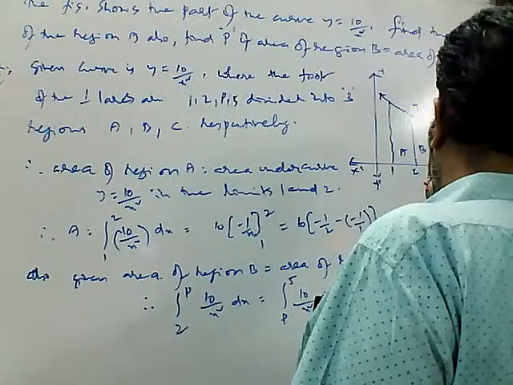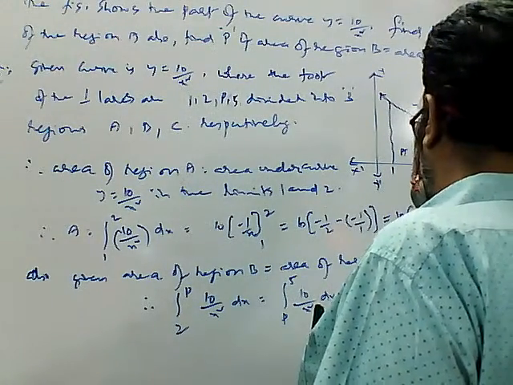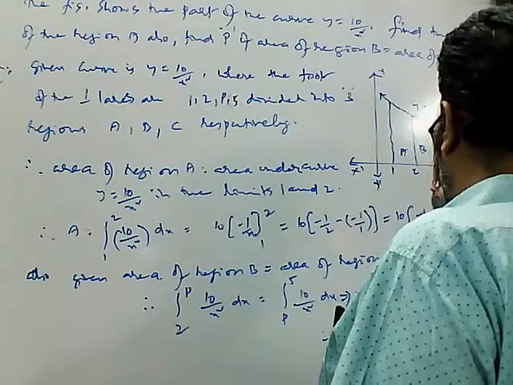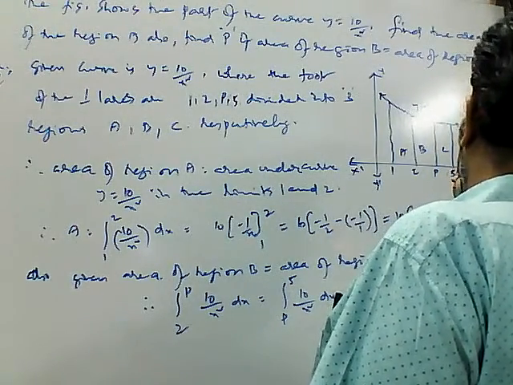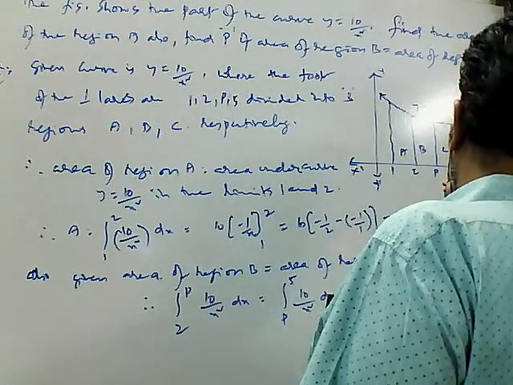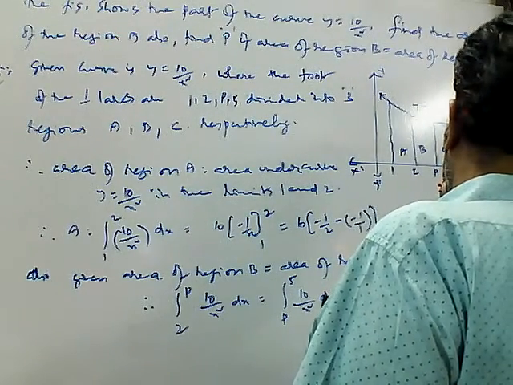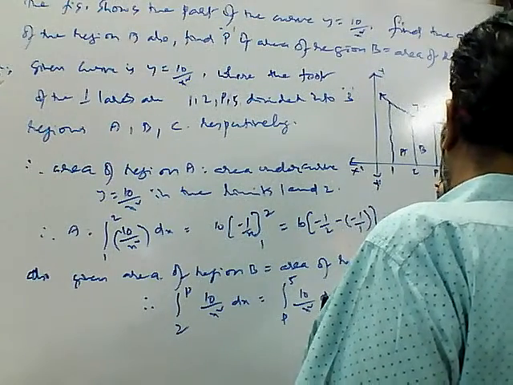That implies 2 by p is equal to 1 by 5 plus 1 by 2, which is equal to 7 by 10. So p is equal to 20 by 7.